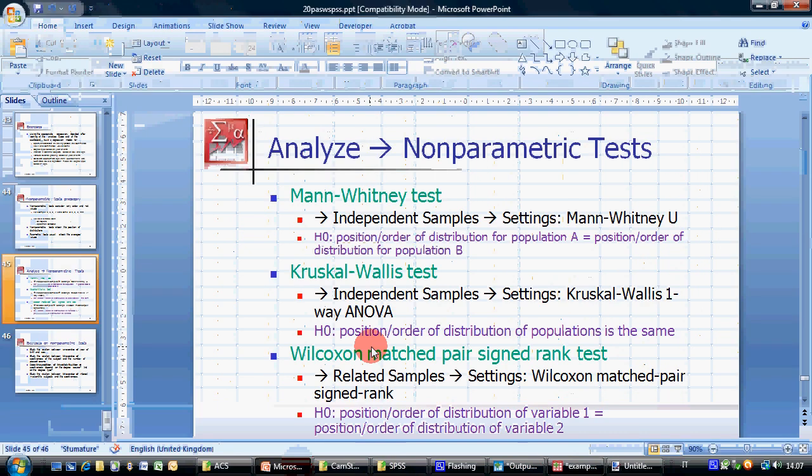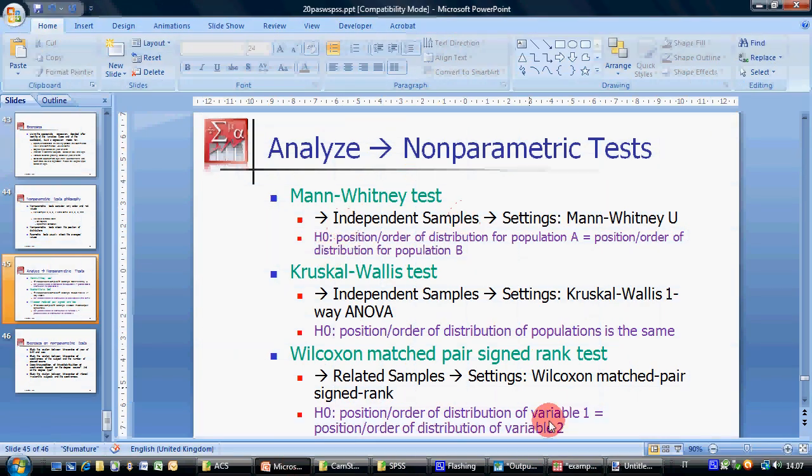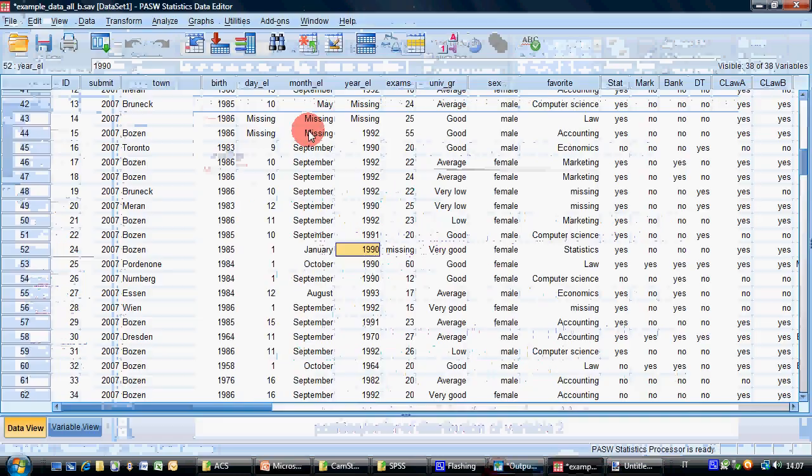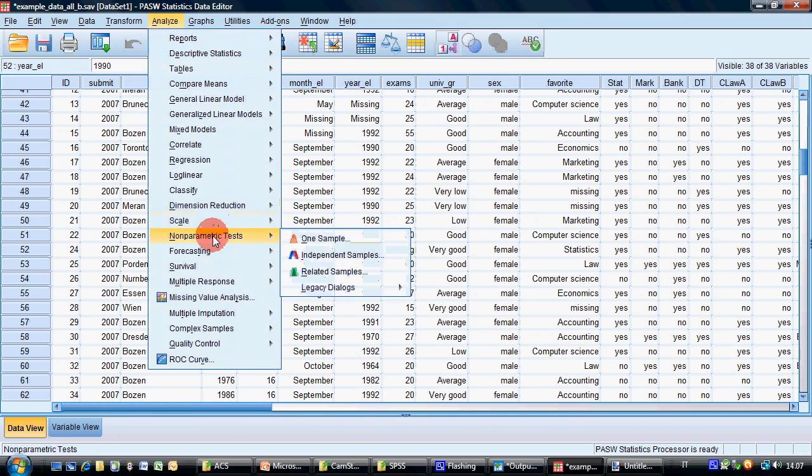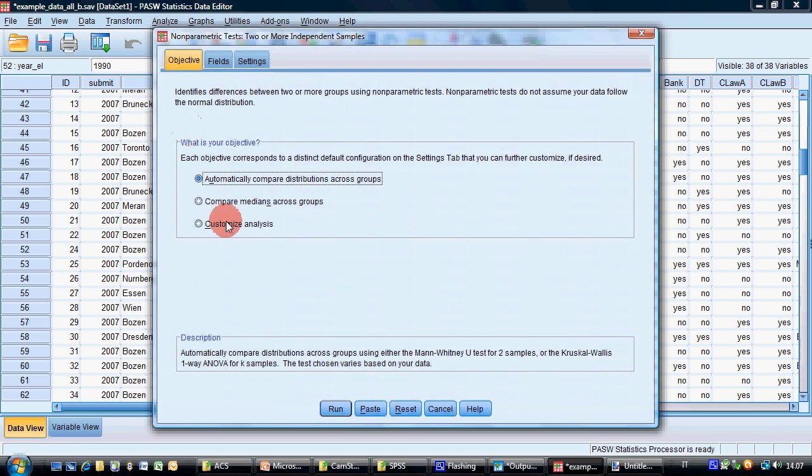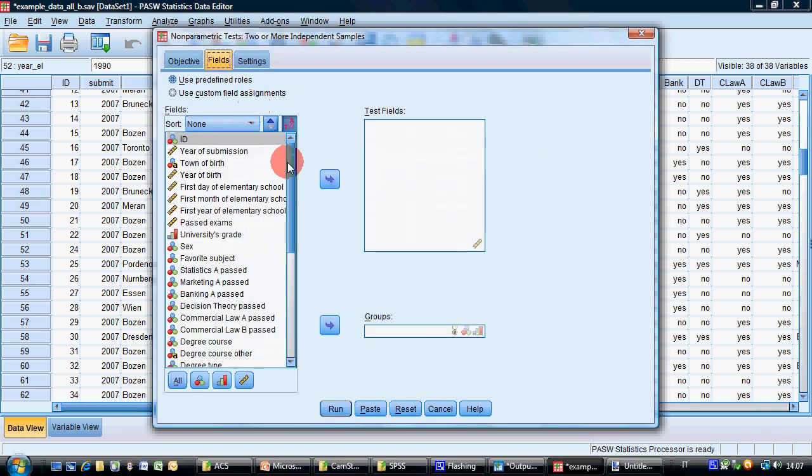Let's see how to do it. Independent samples, it's among the non-parametric tests. Analyze, non-parametric tests, independent samples. Compare and customize analysis. Okay. Here you can see the variable which you want to test.